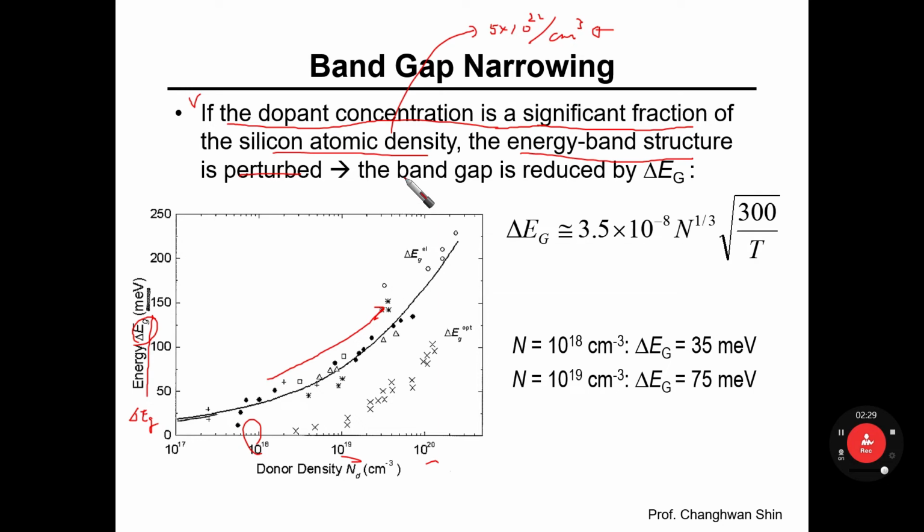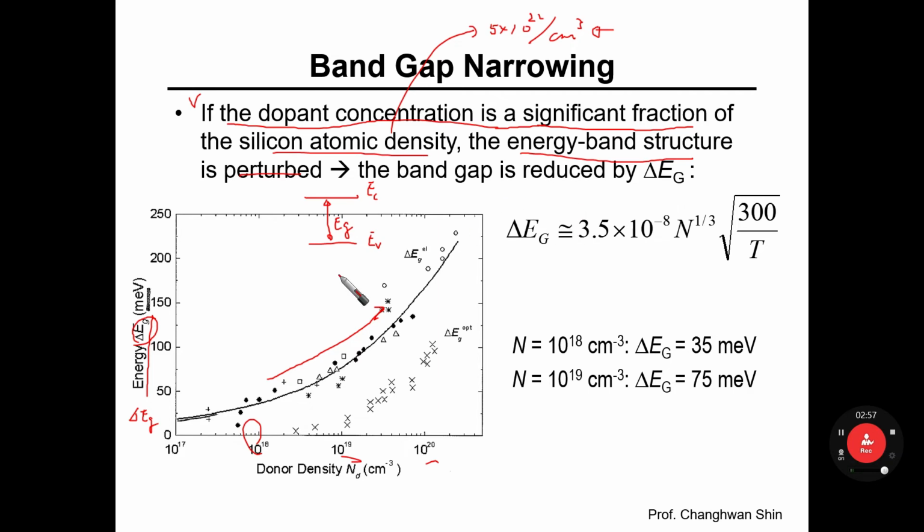As we have learned, the band gap energy, E C minus E V, or E g, is a kind of constant for a given material. However, if the material is heavily doped with impurity dopant atoms, then its band gap energy can be perturbed, resulting in reduced band gap energy.